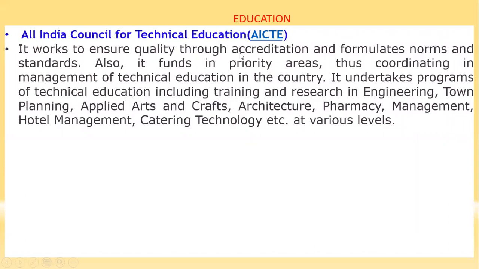You have NAC accreditation, NBA accreditation, like that. Also, it funds priority areas, thus coordinating the management of technical education in the country. So, in our country, all the technical institutions must abide by the rules and regulations framed by AICTE.